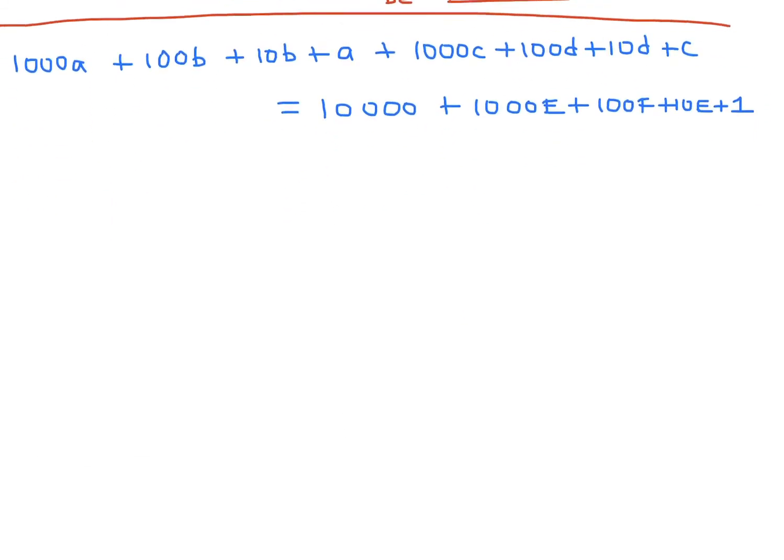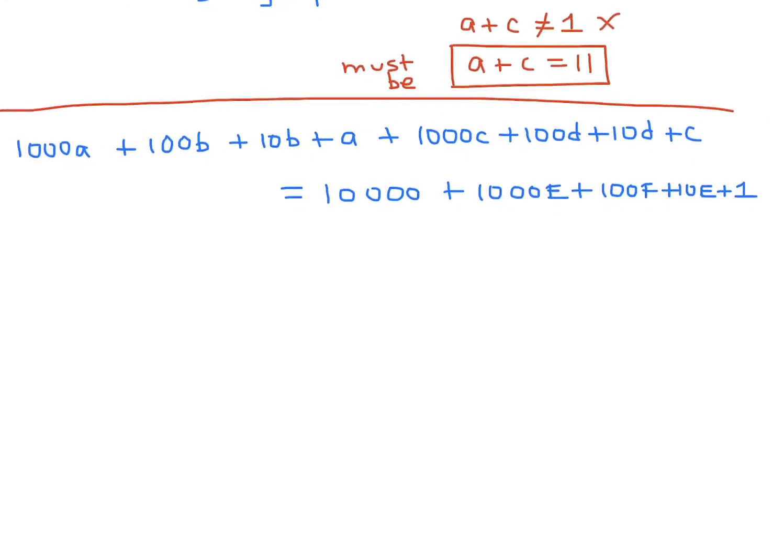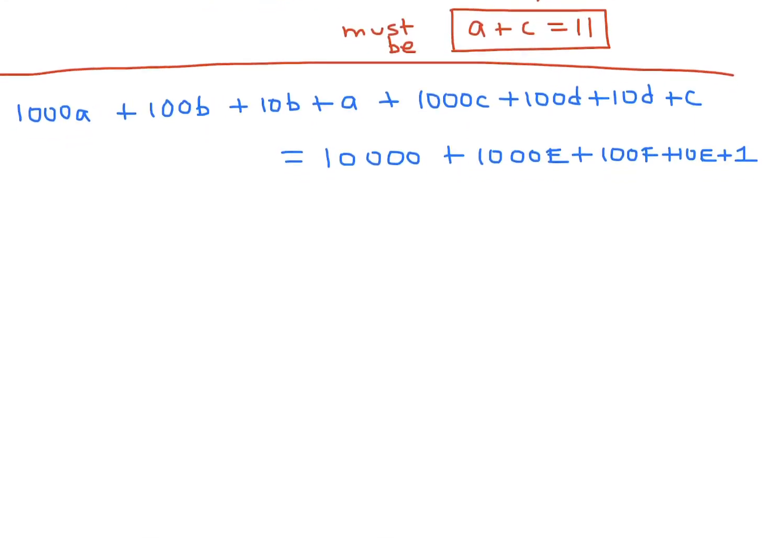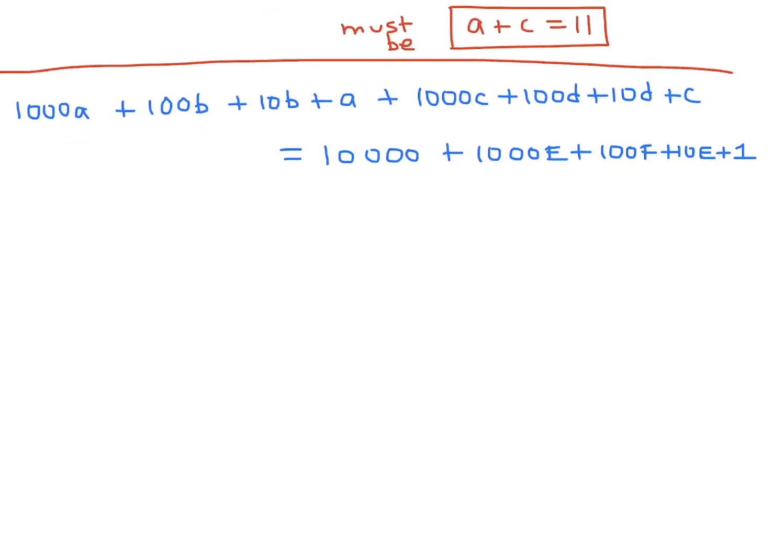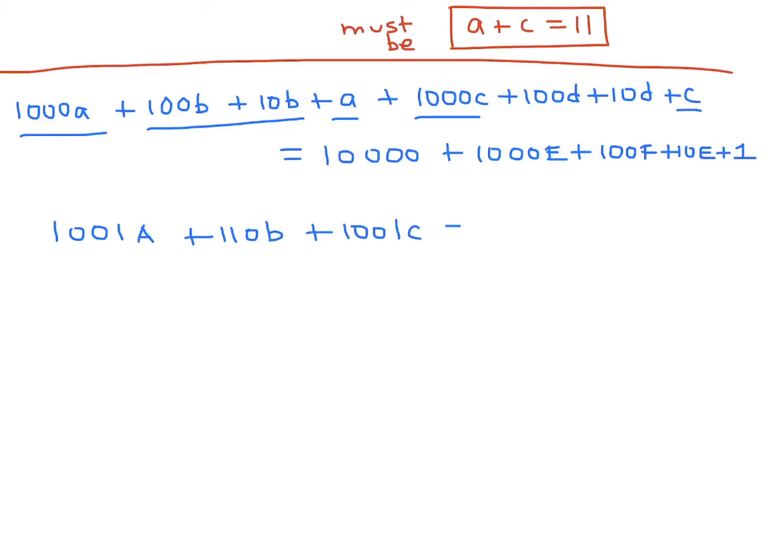Okay, let's move forward with this here. I'll keep this. That should be good enough. All right, so here we go. Let's add all this as much as we can. The A's become 1001A. The B's, we got 110B. What else do we have here? We have the C's, 1001C, plus 110D.